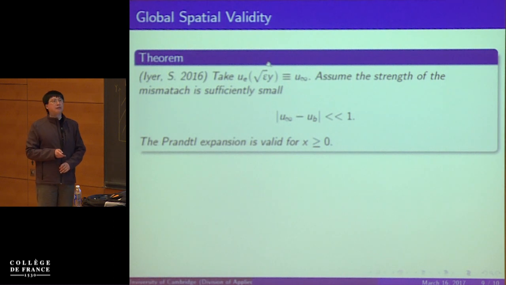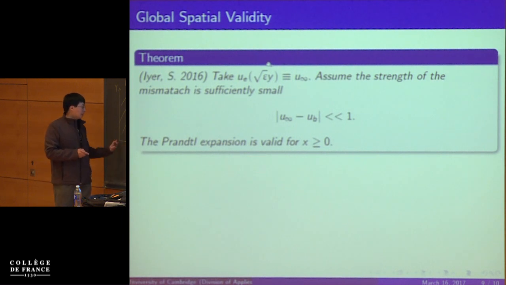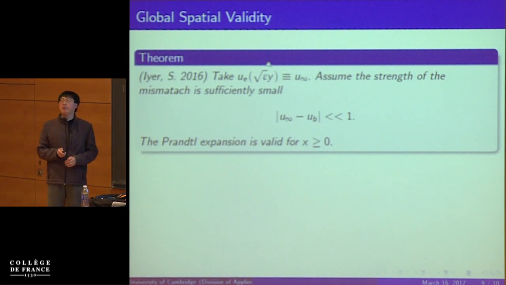This is not quite obvious because in fact most physical situations show otherwise. Many experiments show that after a while the Prandtl layer will become detached, so then the Prandtl layer theory should be invalid after some distance. This is well documented in experiments.